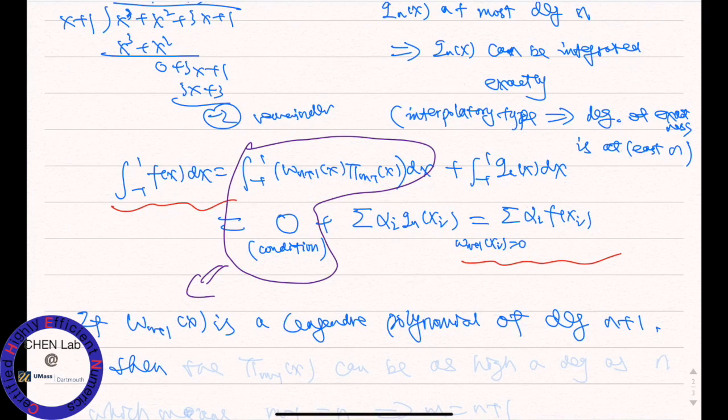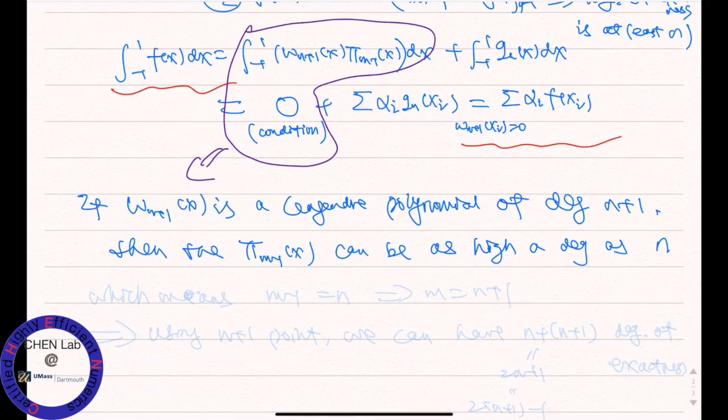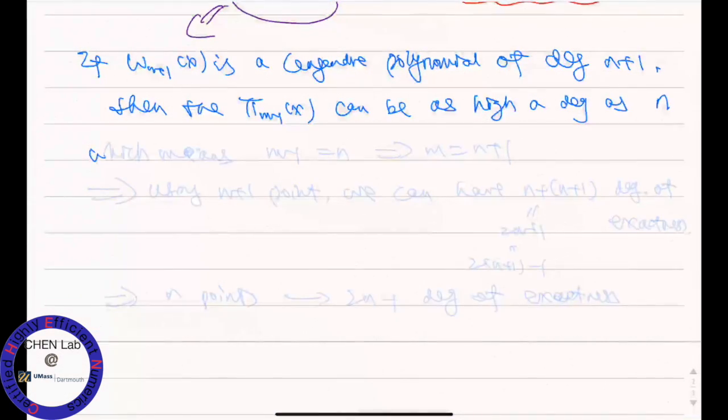Then the pi n minus 1, that quotient, can be as high a degree as n, because the Legendre polynomial of degree n plus 1 is orthogonal to any polynomial of degree n, which means m minus 1 is n, so m is n plus 1.